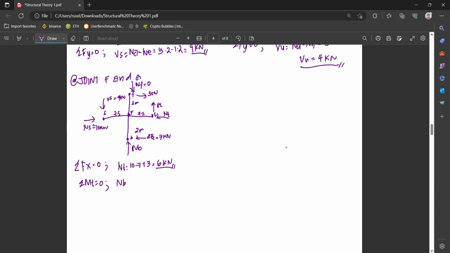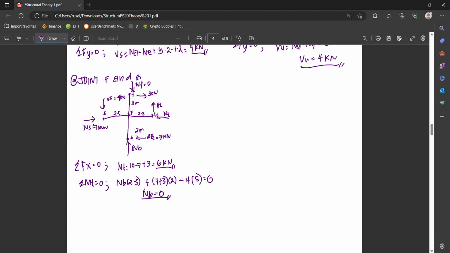Your NB times 2.5 plus, let's add 7 plus 3 times moment arm na 2 minus your 4, yung VS times distance na from T is 5 or 0. Your NB here is equal to 0 lang. Okay? Your NB is 0. Okay?